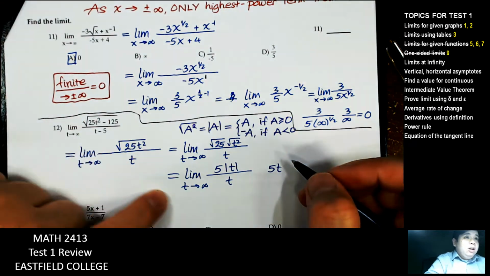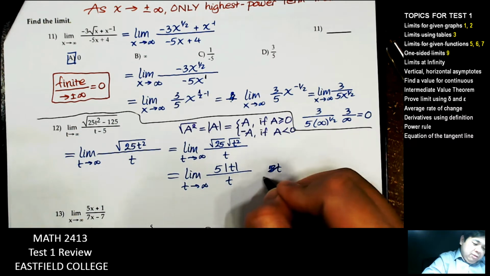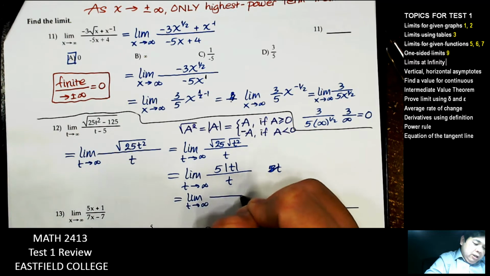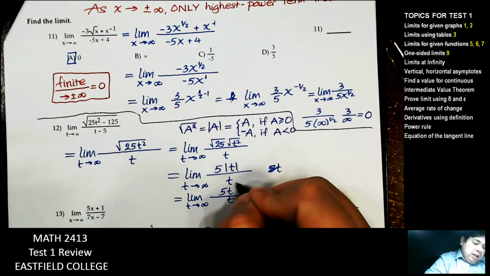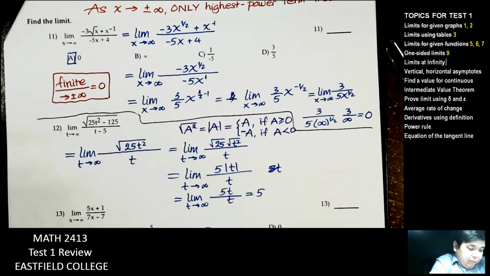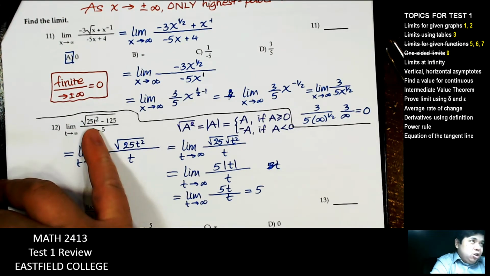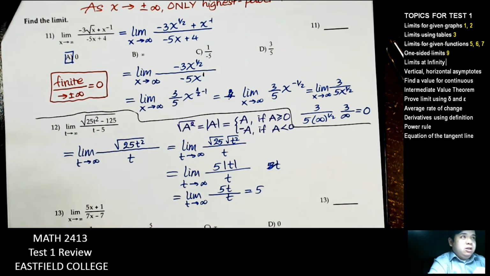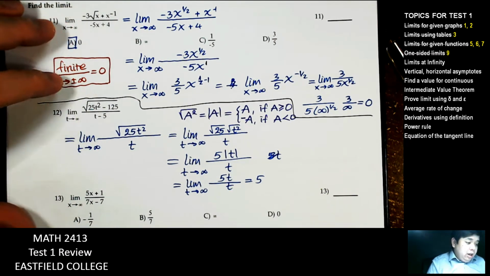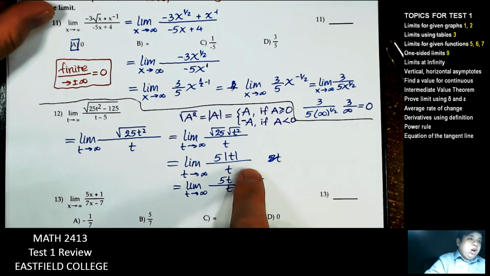So the limit of that function is 5t over t, and the t cancel, so that is equal to 5. Right. So when we have the square root, and inside that is a square and something else, take the highest power only. But that only works if x goes to infinity or negative infinity. If we don't have that, we cannot do it this way.